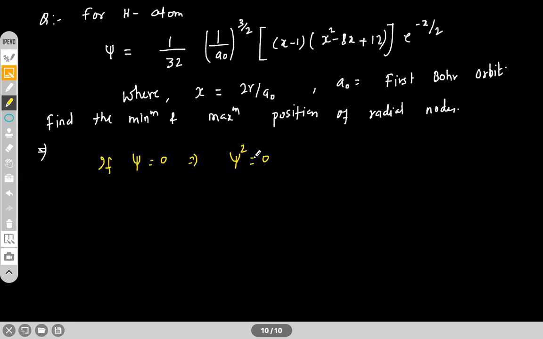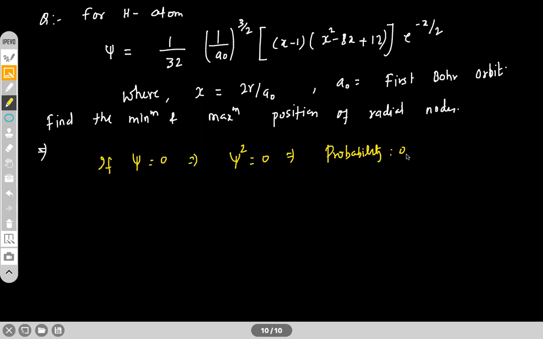Yes. If psi square is zero, it means probability is zero, the probability of finding an electron is zero.